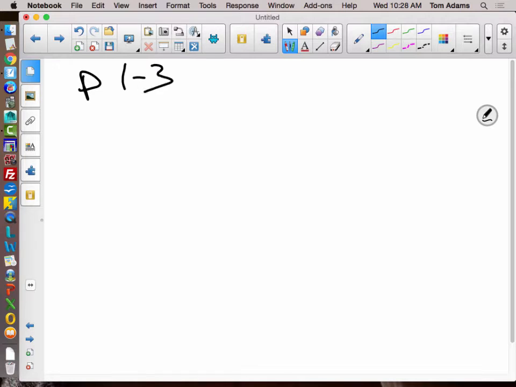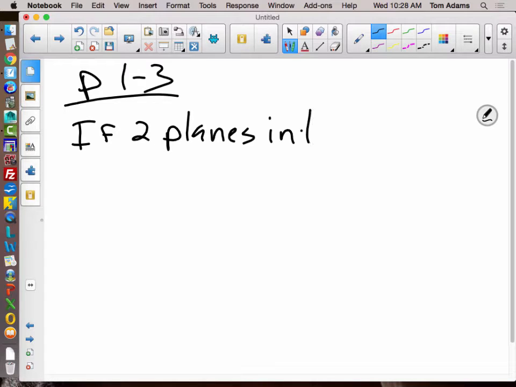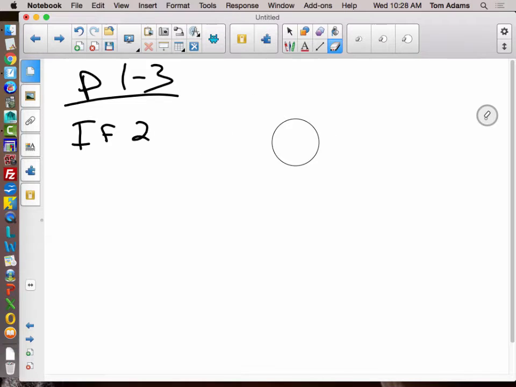Postulate 1-3. If two planes intersect, we better be formal with this.